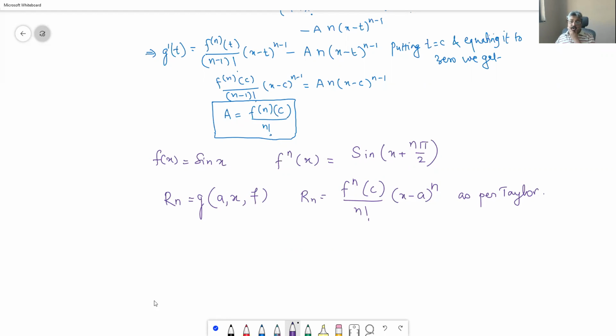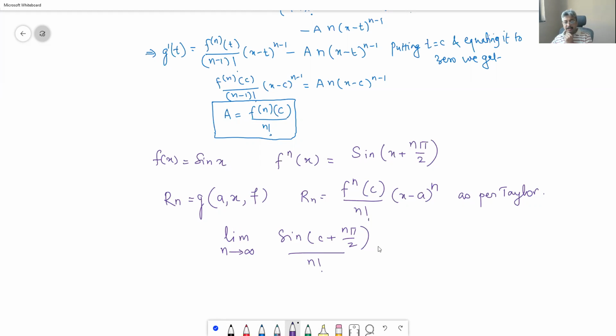Okay. So we now need to figure out the limit as n tends to infinity. If we keep differentiating, we need to find the limit as n tends to infinity of sin(c + n pi by 2), and we are taking a equal to 0, suppose, divided by n factorial.